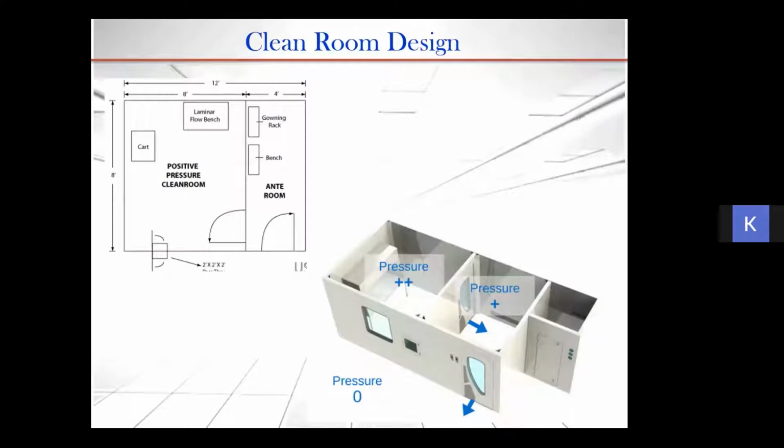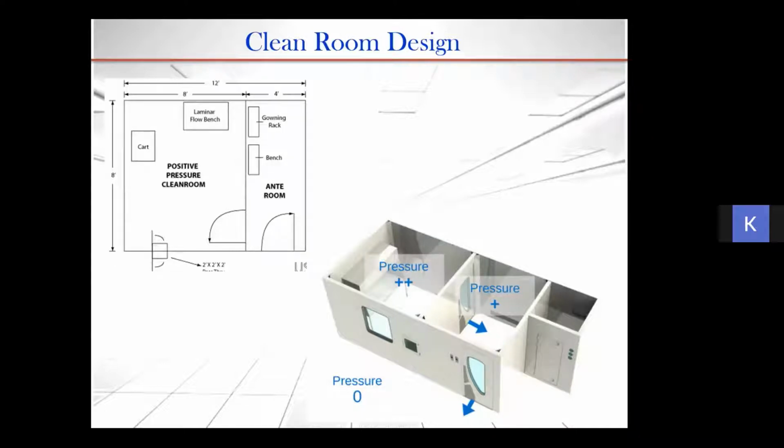And there has to be a design. Normally the design is that one initially enters the ante room, where they take their dresses, and then enters the main part. Normally the ante room will be on the higher side of the classification, and the main part will be on the lower side. Like what we have installed, our ante room was class 10,000.